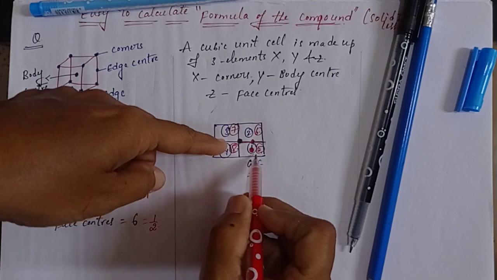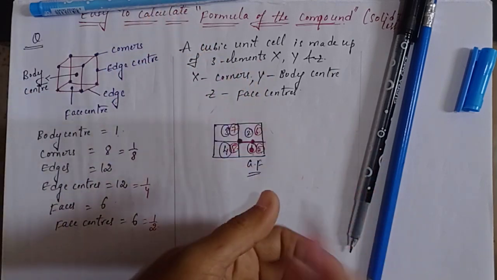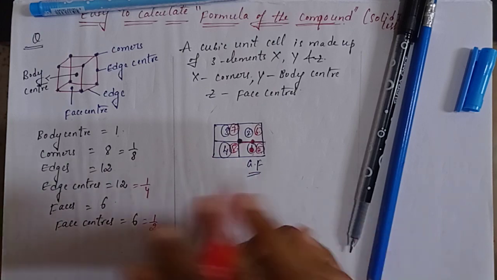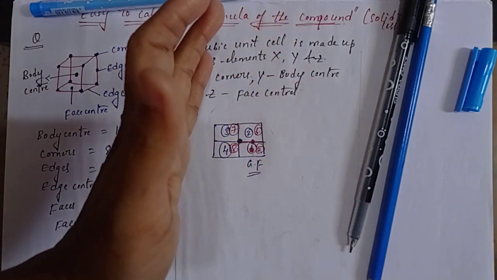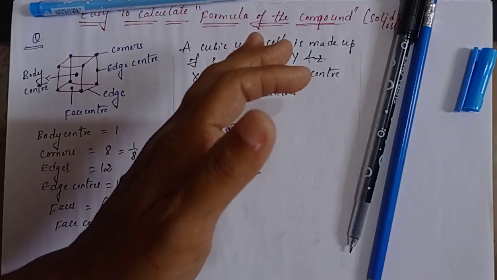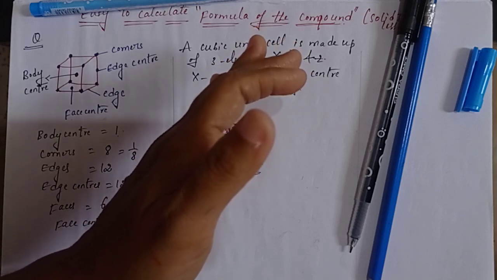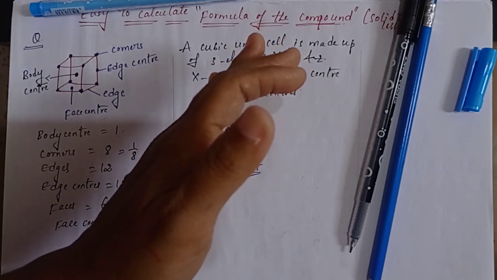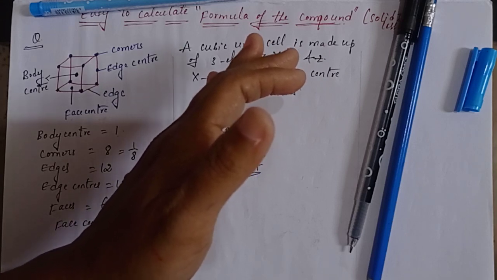Now I am taking the body center. Suppose in this room, in the middle, there is one particle. Okay, body center particle. That means it is not sharing with any other unit cells. Are you following, students? Suppose you take one room and in the middle of the room take one particle. Is that particle sharing with any other rooms? No. That means the body center particle does not share with other rooms, other unit cells.